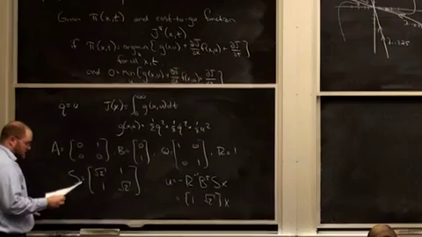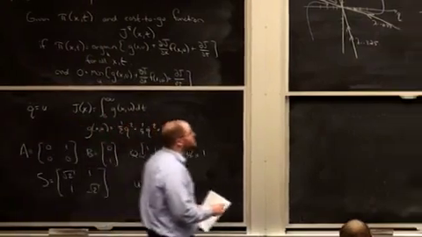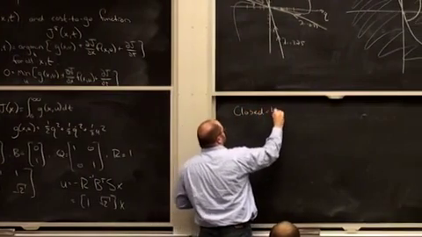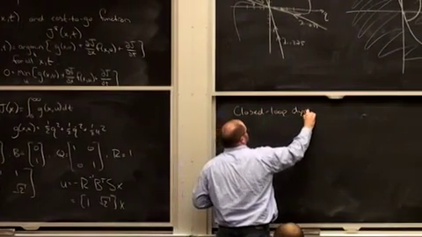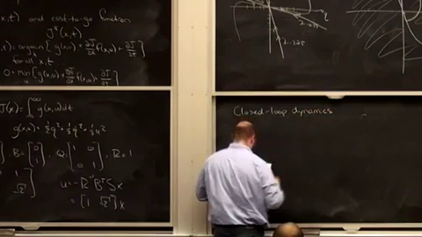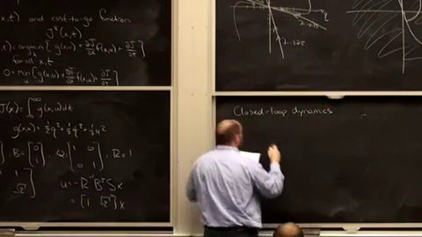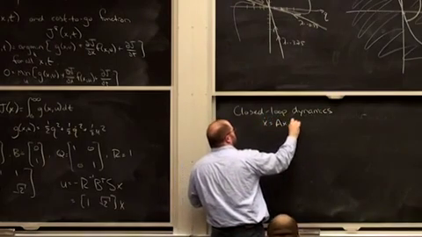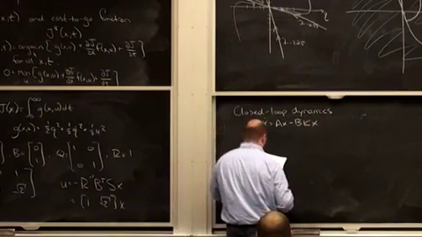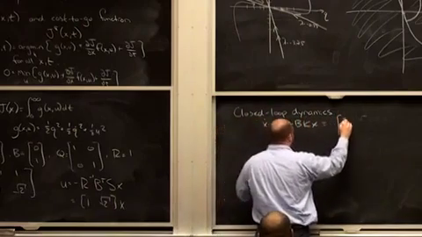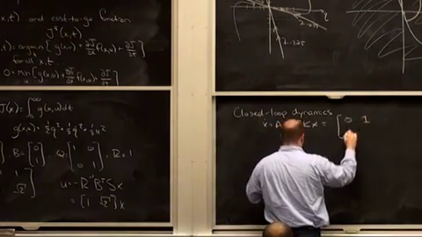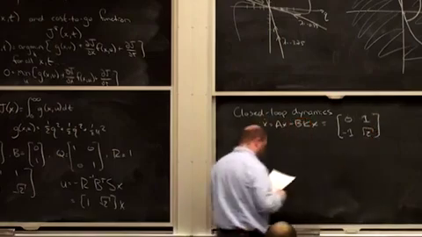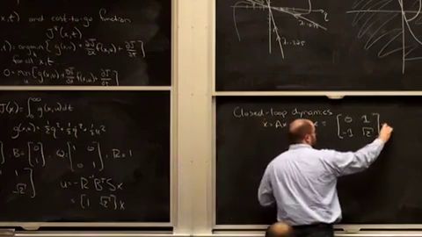Which gives me closed loop dynamics of x dot equals Ax minus BKx, which is equal to [0, 1; -1, -square root of 2] times x.